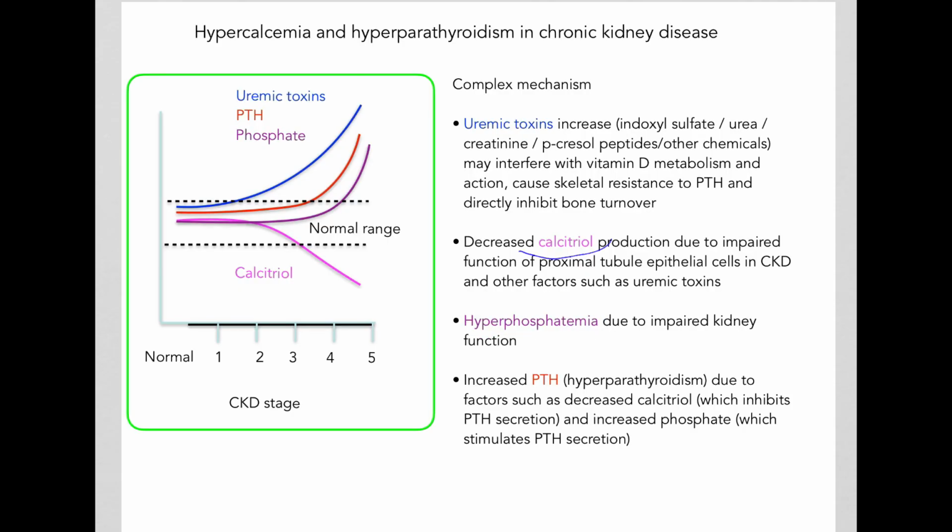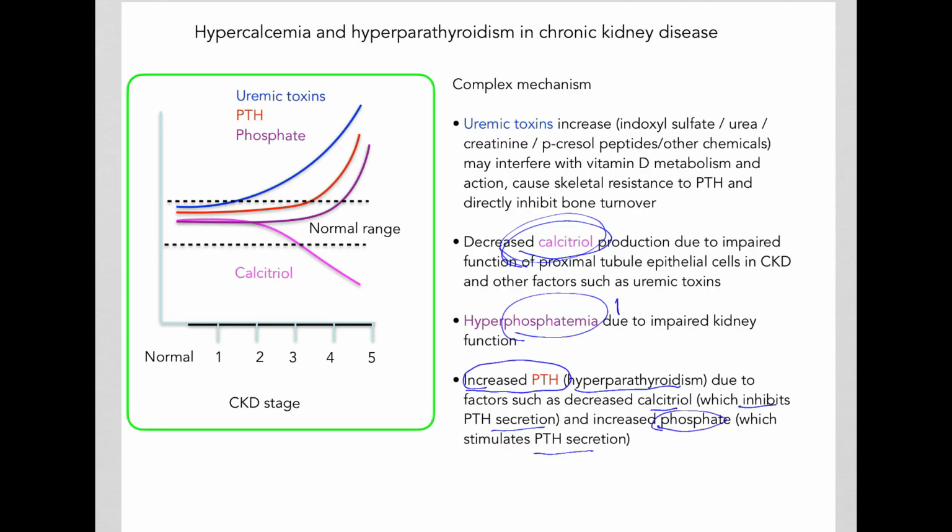This decreased calcitriol as well as increased phosphate may then lead to increased parathyroid hormone secretion, hyperparathyroidism, because as we discussed in a previous video, calcitriol inhibits PTH secretion. So if there's less calcitriol, there's less inhibition, while phosphate stimulates PTH secretion.